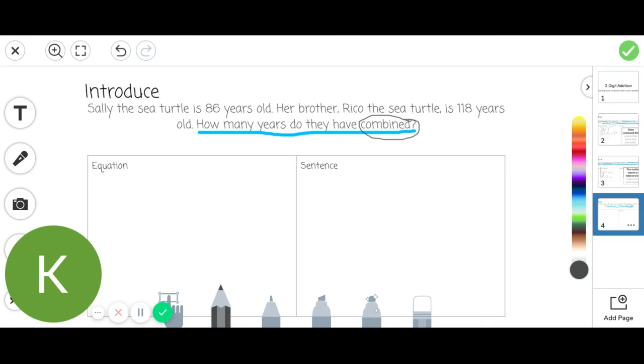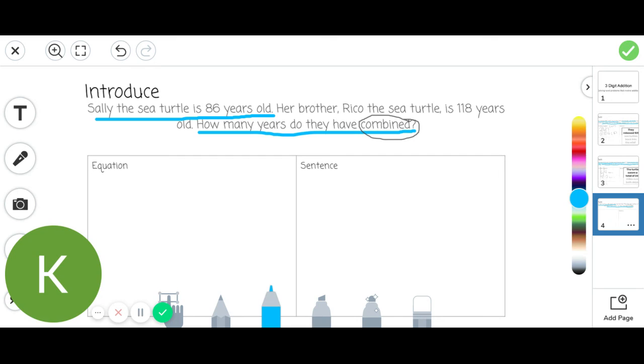What I'm adding are the years because it asked me how many years do they have combined. So I need to go back and underline anything in the problem that has to do with the turtles' years or how many years old they are. Well, Sally the sea turtle is 86 years old.